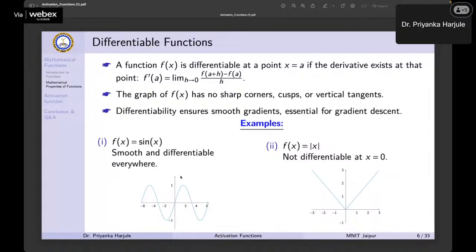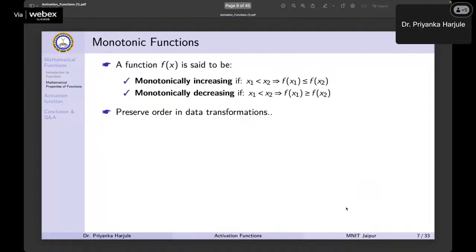So this is a differentiable function at all the points and this is not differentiable at this point only. So the differentiable functions are critical in gradient based methods, because they rely on computing smooth slopes to minimize the loss in deep neural networks. Okay. So it is essential for the optimization algorithms.